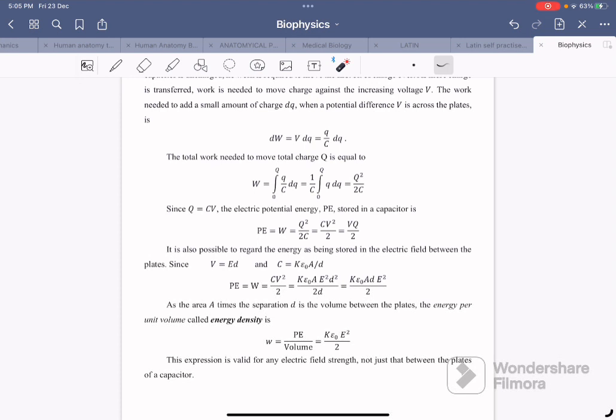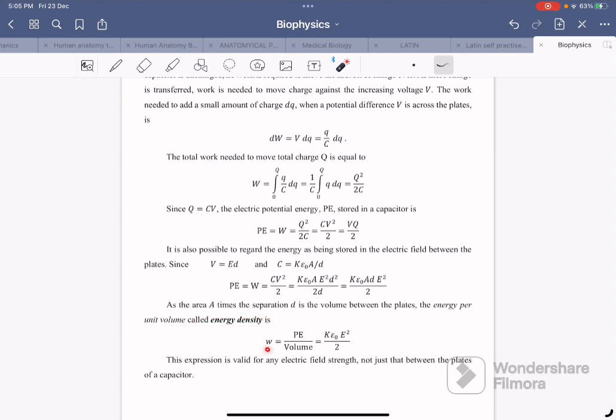Work done equals potential energy divided by volume. Energy density is simply the energy per unit of volume of the separation between the two capacitor plates, and per unit of its volume, the energy is called energy density.